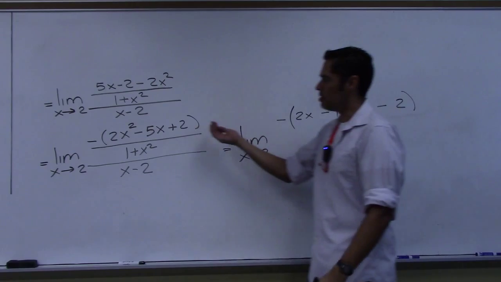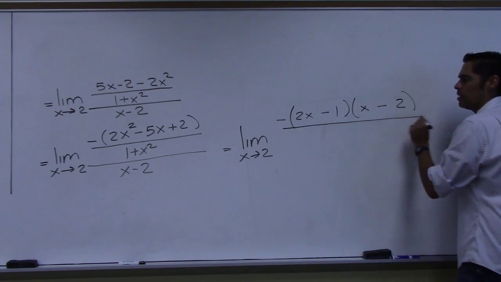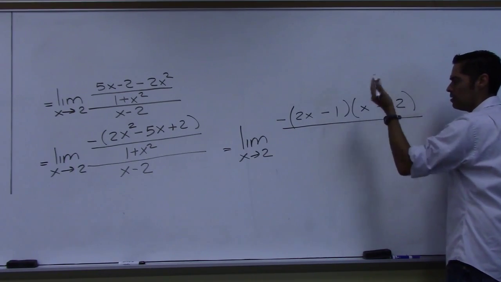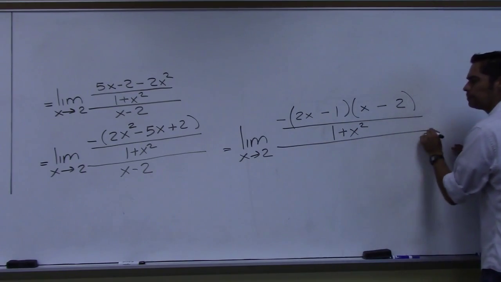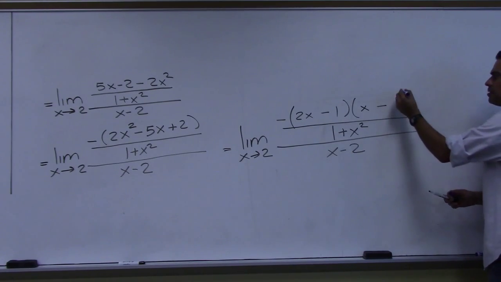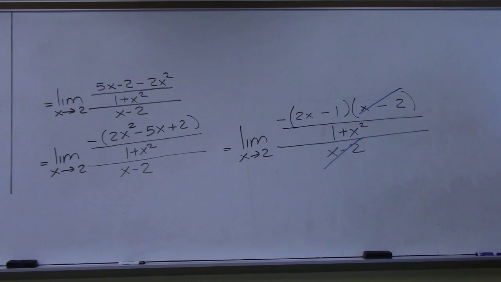So yes, you still have to be able to factor those types of things. Should I double check it? 2x squared minus 4x minus x, that's minus 5x plus 2. That works. 1 plus x squared over x minus 2. And what's great about that is that x minus 2 will cancel. So now plug in 2, and you should be good. You should no longer have 0 over 0.